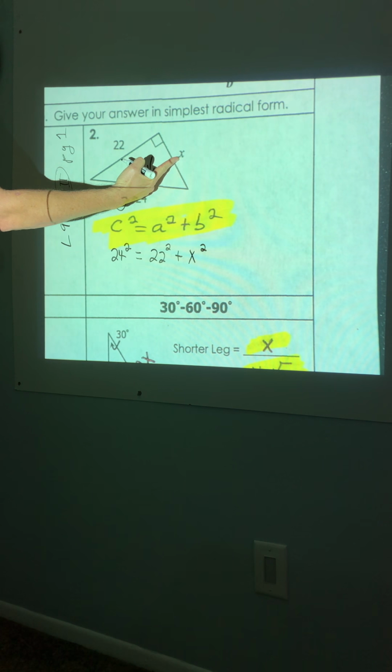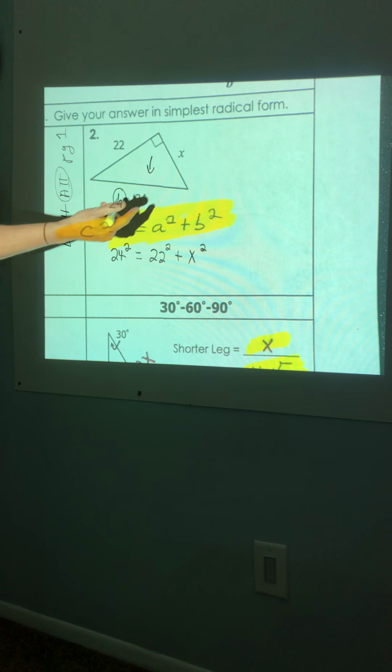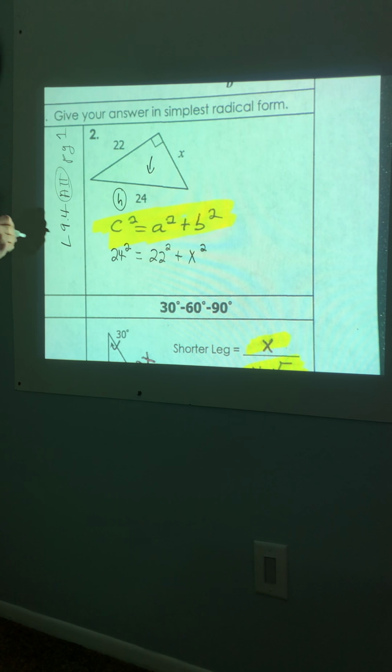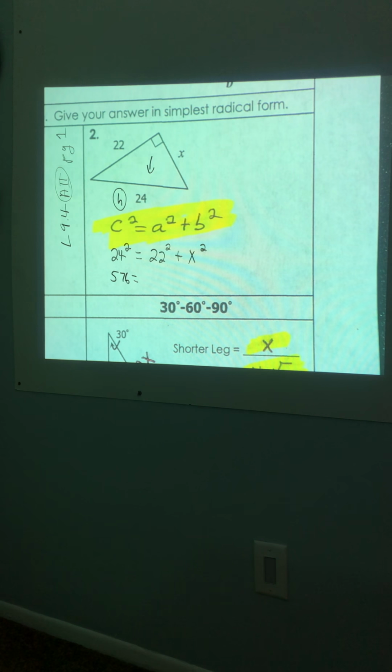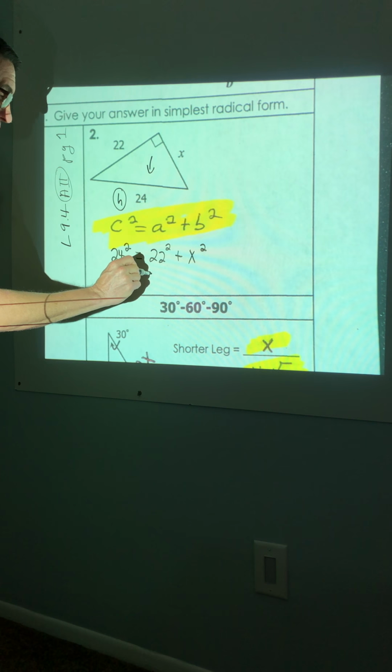It's an unknown X, it's an unknown B. You can use letters A through Z, it doesn't matter as long as you know that it's one of the legs. We're going to square 24 and we get 576. You're going to square 22 and you're going to get 484.